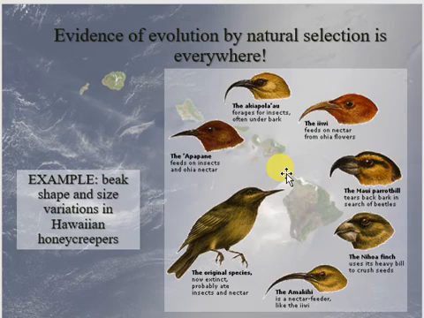It's actually Hawaii's unusual geology that, when we ask how the honeycreepers were able to split into so many different lineages so quickly, allowed for that rapid radiation of the species into so many different niches.